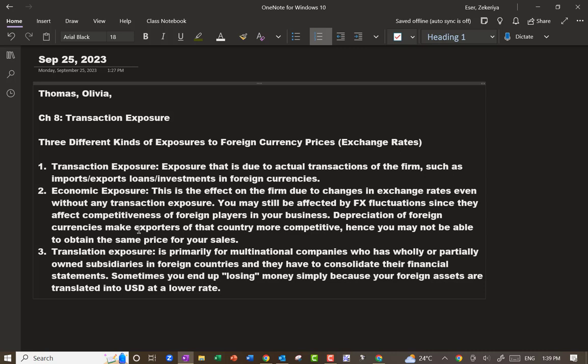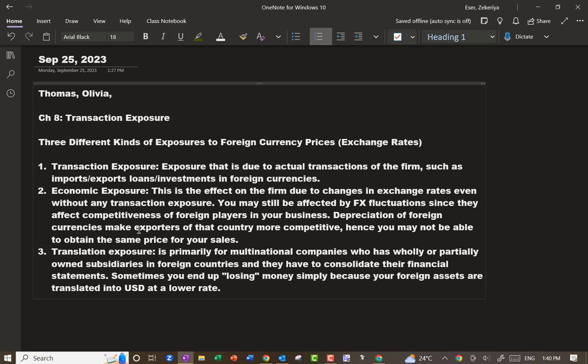So if yen loses value, if you have an asset that's valued at, let's say, 1 billion yen, that's not going to be worth as much in US dollar terms.